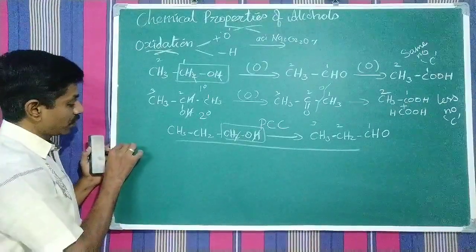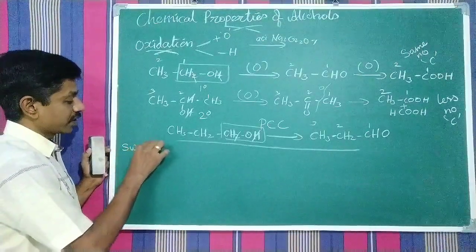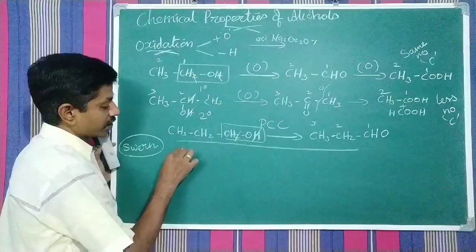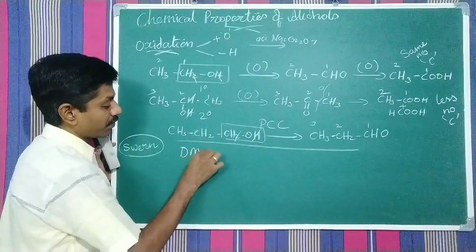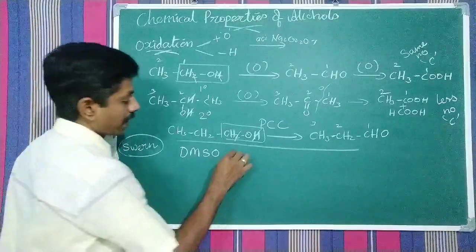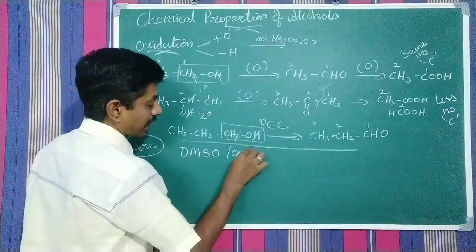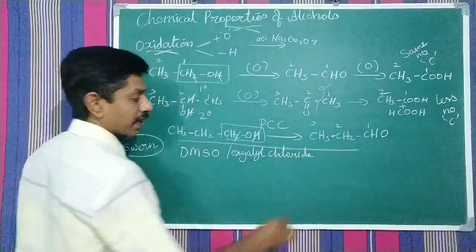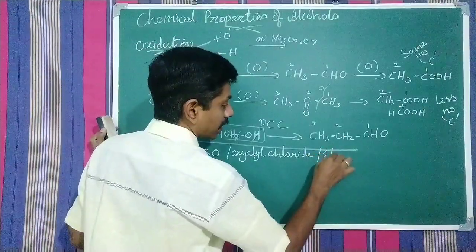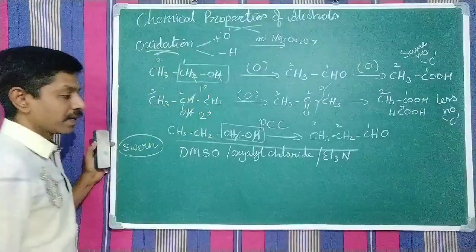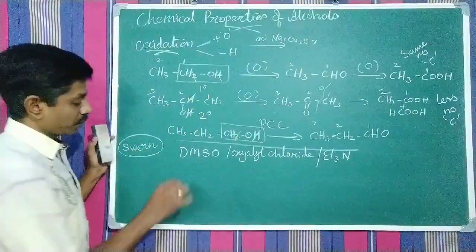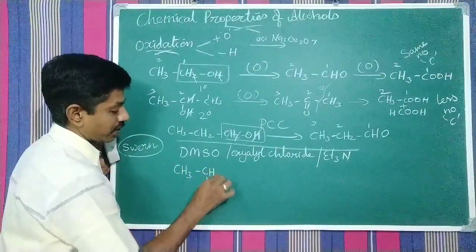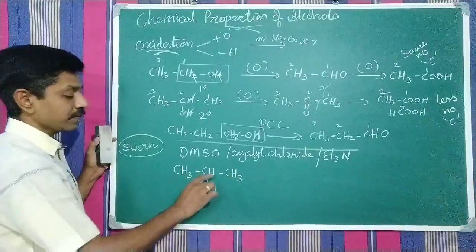Similarly, we can go for Swern oxidation. This can be a 2-mark question. In Swern oxidation, dimethyl sulfoxide is important, oxalyl chloride is also supplied, and triethylamine is also supplied. These three are supplied to a secondary alcohol, for example CH3CHOHCH3, 2-propanol.